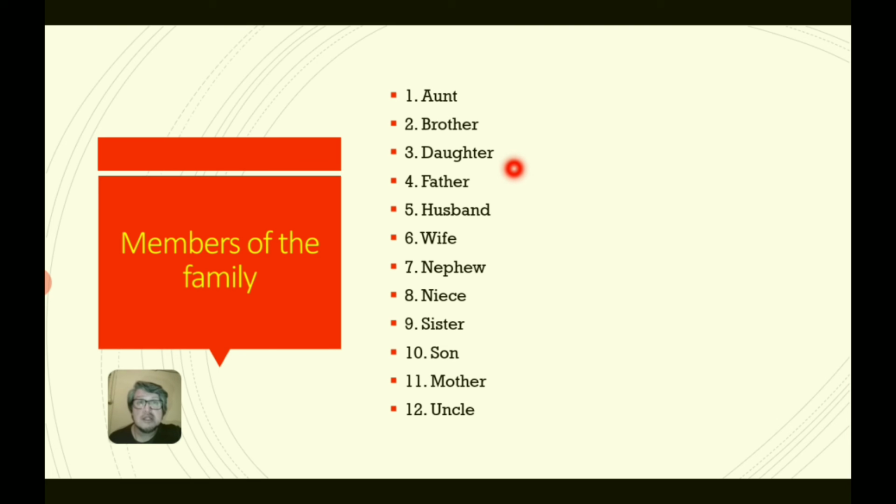Number 3, daughter, if you are in England, United Kingdom, or daughter if you are in the States. Father. Husband. Remember, the H is very soft. Husband. Wife.